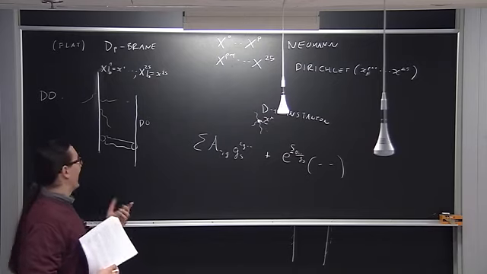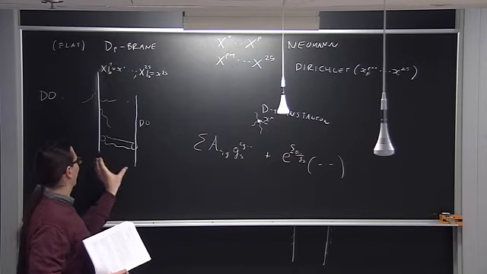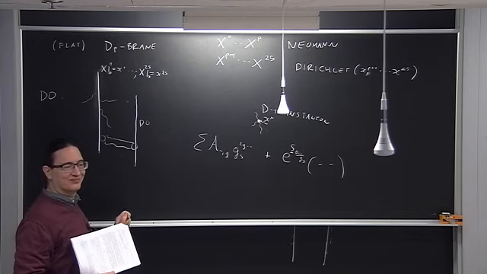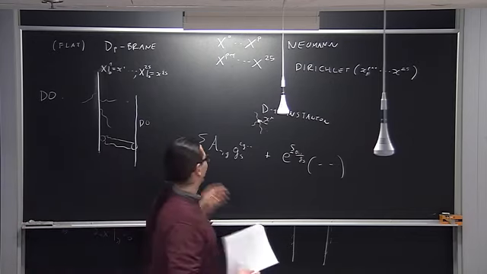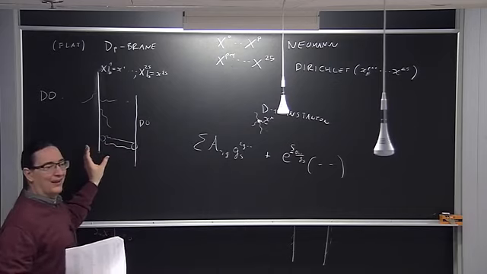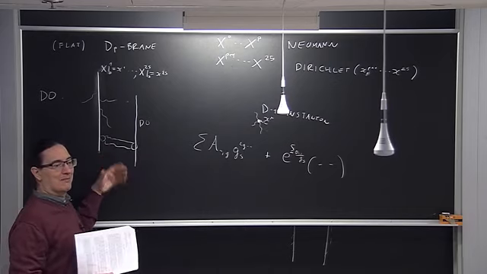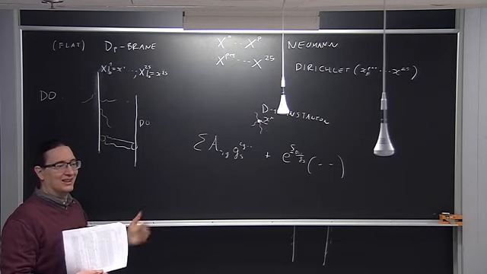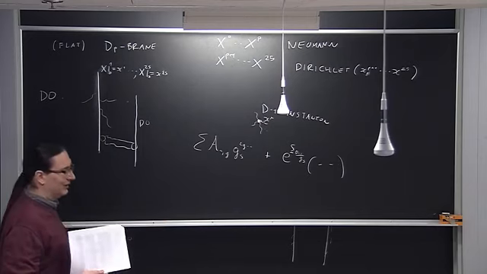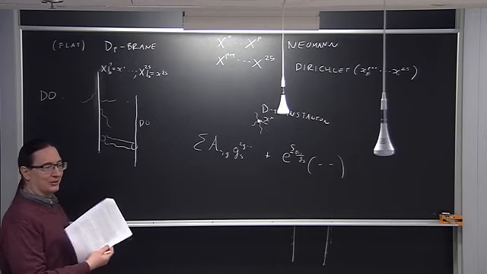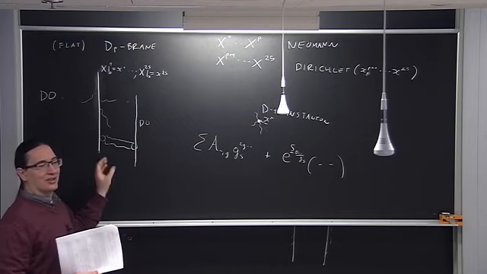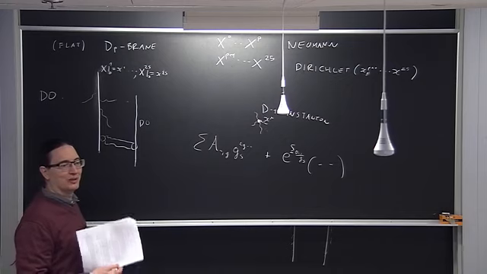So something peculiar must happen when I bring together two D-branes. And this peculiarity is reflected in the fact that the degrees of freedom of the D-branes, when they get close to each other, become matrices. You don't just have the degrees of freedom of this brane and the degrees of freedom of this brane. When they get together, you get open string states, which are matrices now, 2 by 2 matrices.